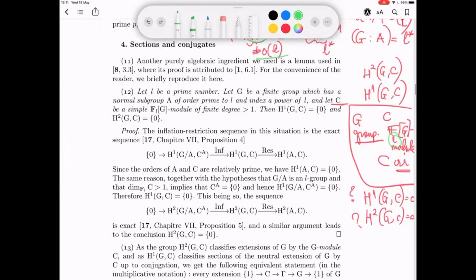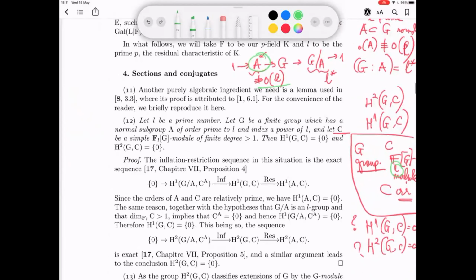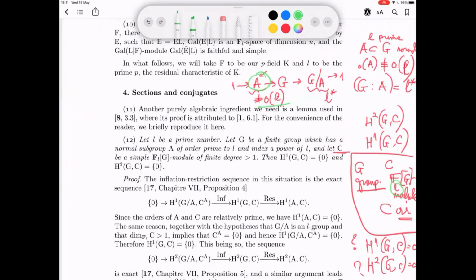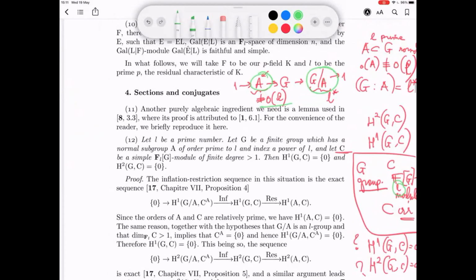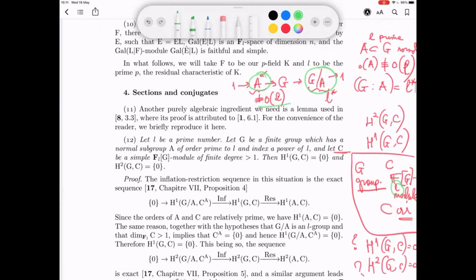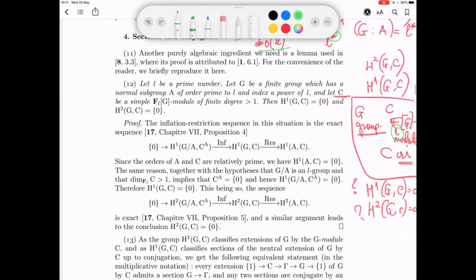It's the same prime number L. So A has order prime to L, and the quotient is an L group. Its order is a power of L, the same L, right? So if G has such a subgroup, then I can conclude that H1(G,C) and H2(G,C) are both trivial. So that is the statement. This is the statement that we want to get.